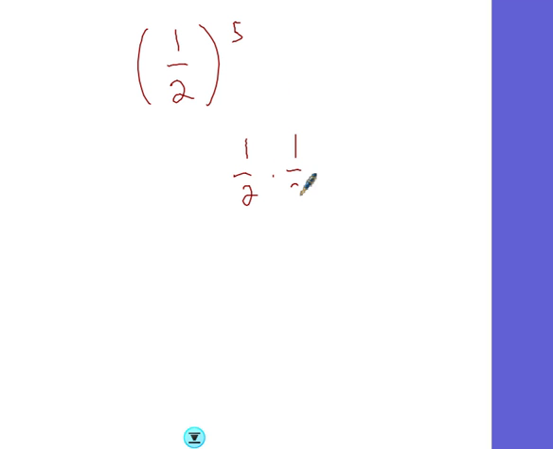Well, you know what the numerator is going to be. So we get 1 over 32. Because in this case, since the numerator was 1, all we had to do was multiply the denominator.